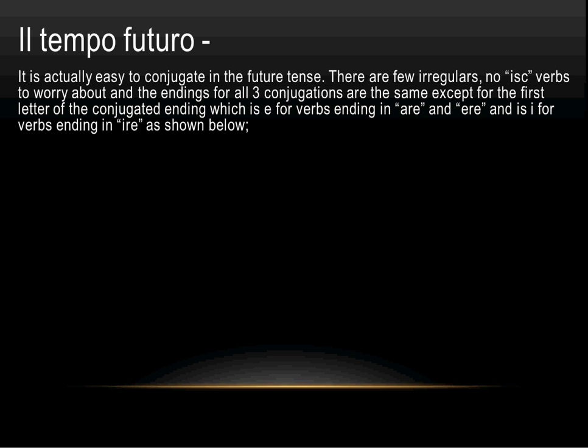There are fewer irregulars, no isc verbs to worry about, and the endings for all three conjugations are the same except for the first letter of the conjugated ending, which is E for verbs ending in ARE and ERE, and it is I for verbs ending in IRE, as shown below.